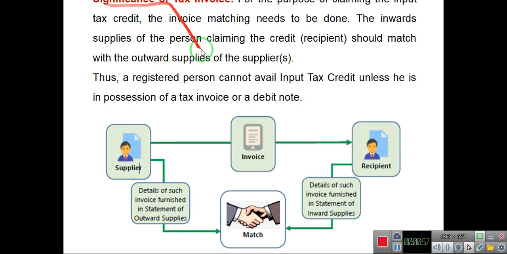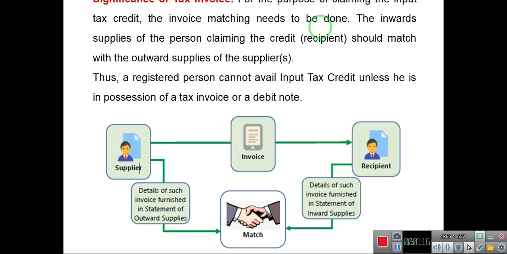What is the significance of a tax invoice? For the purpose of claiming the input tax credit, invoice matching needs to be done. The inward supplies of the person claiming the credit should match with the outward supplies of the supplier.